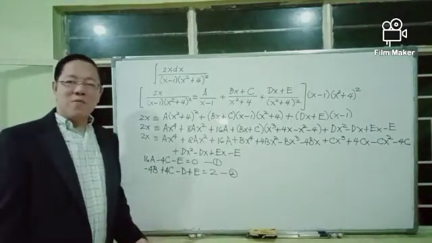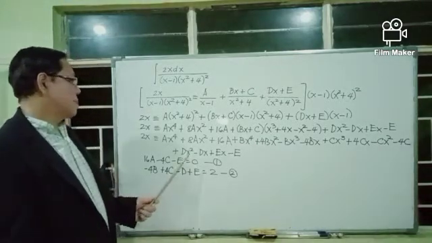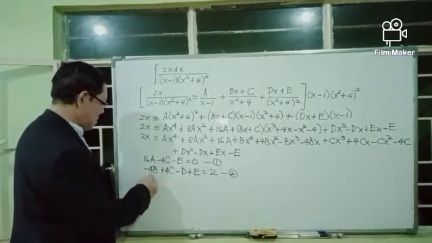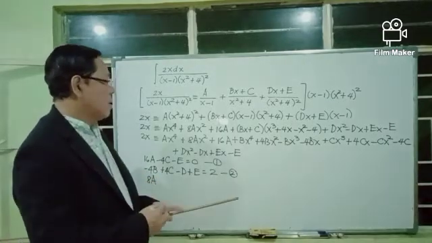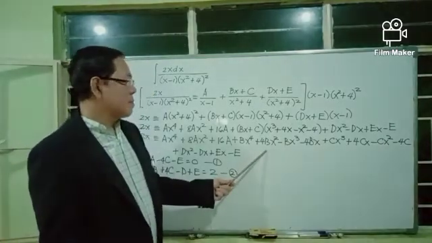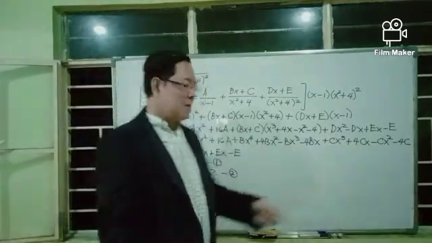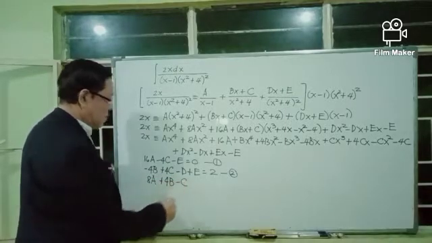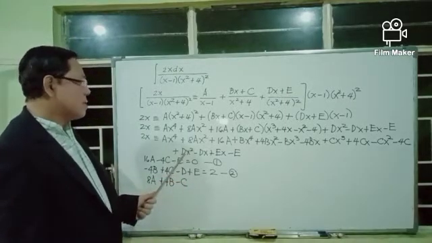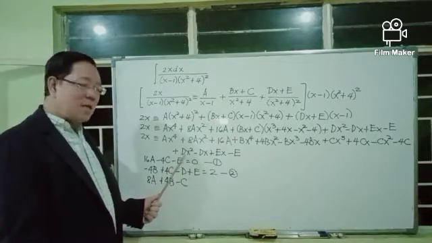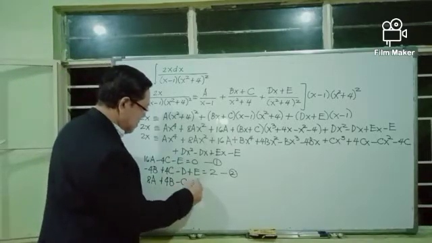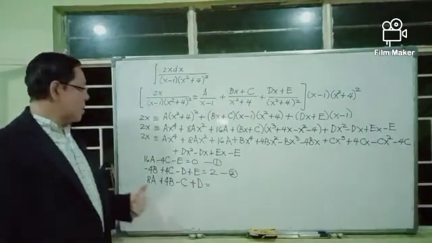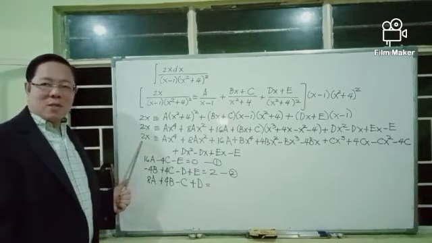Now we consider the coefficients of x squared. We have 8a plus 4b minus c, and plus d, and we equate this to the coefficient of x squared at the left hand side, but the left hand side has no x squared.